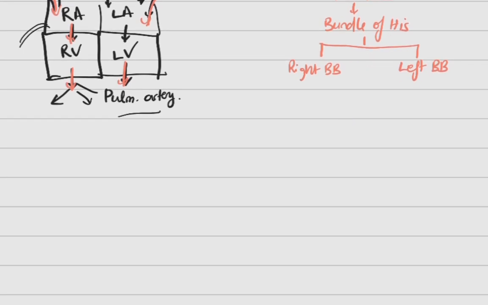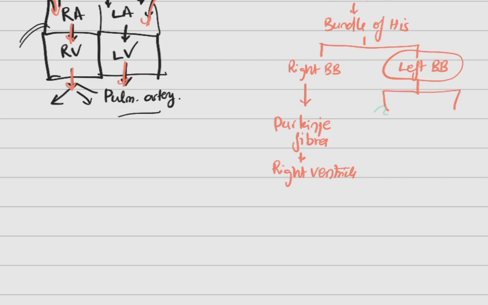It doesn't stop here. On the right bundle branch, the Purkinje fibers reach the right ventricle, whereas the left bundle branch splits into 2 further components: the left anterior fascicle and the left posterior fascicle.